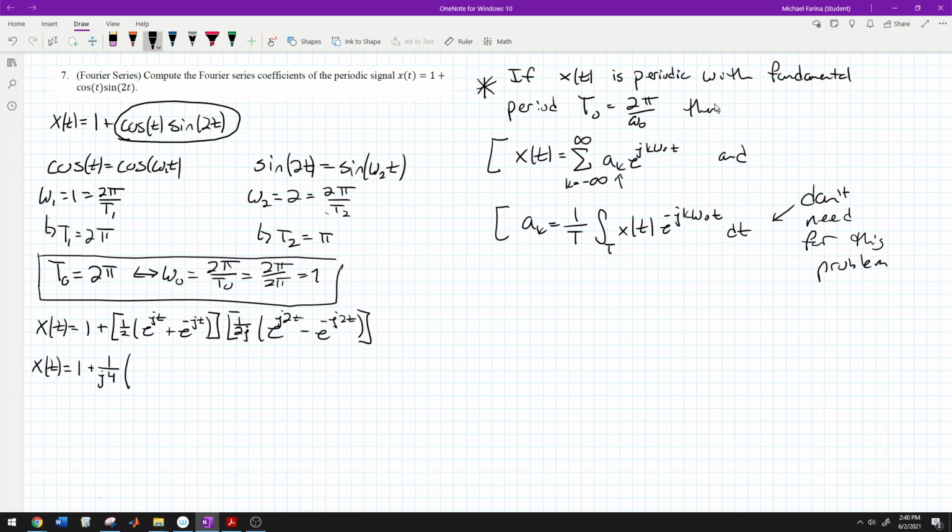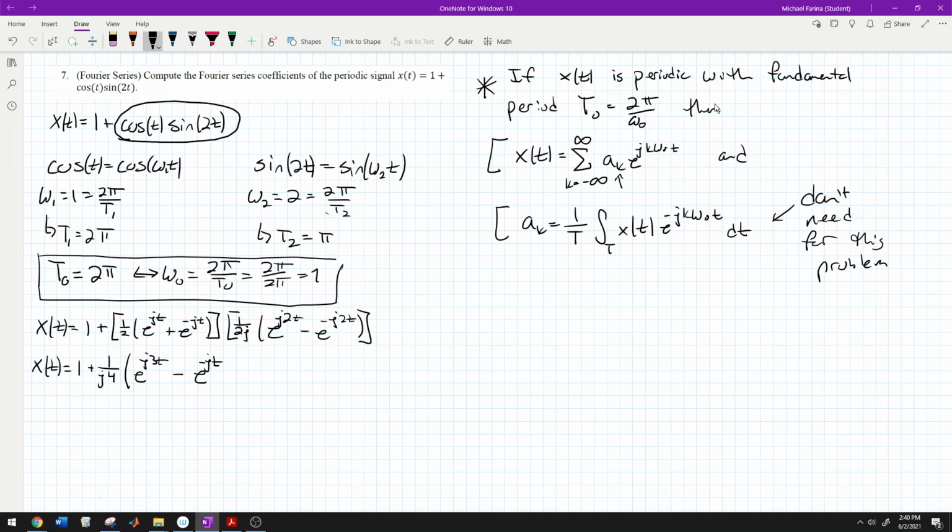We get e to the jt times e to the j 2t, so that's e to the j 3t, minus e to the jt times e to the negative j 2t, so that's going to be e to the negative jt, right?